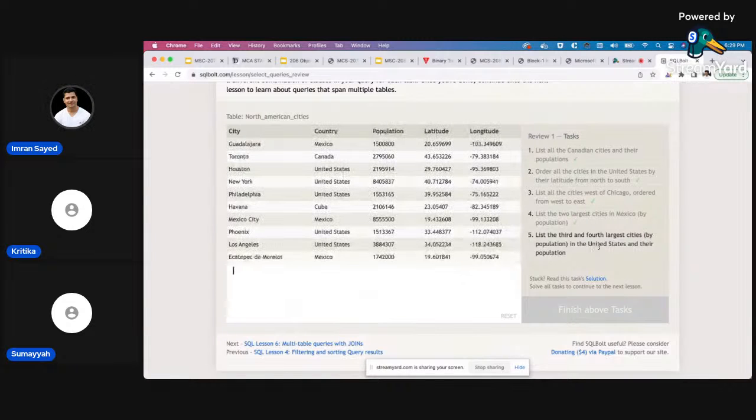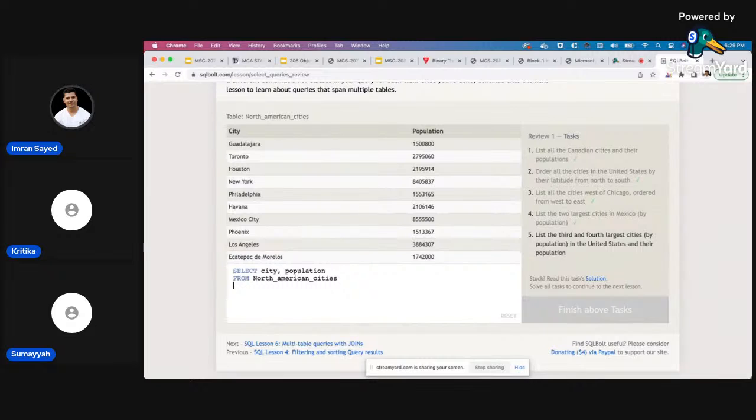List the third and the fourth largest city by population in United States and their population. So select what do you want? You want city, and you want the population also, comma population from table name. It's so long that I just copy paste. You want the third and the fourth largest city.